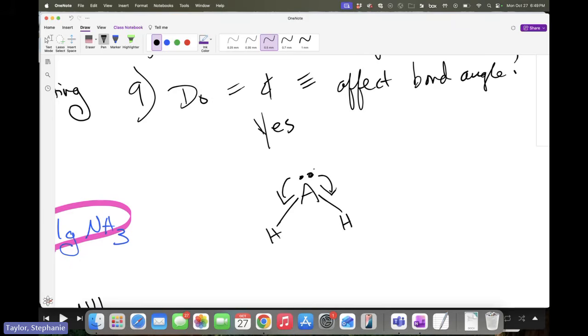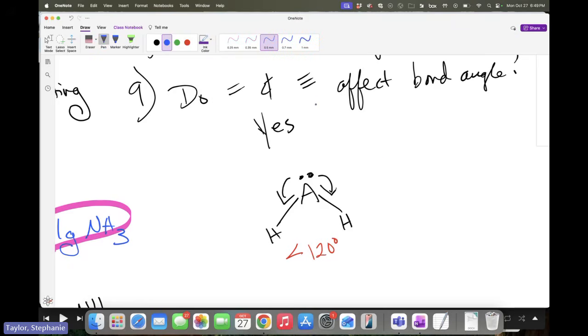So this has three electron domains, a trigonal planar geometry. That lone pair is going to squish together those hydrogens so that you have a bond angle that is less than 120 degrees. Absolutely.